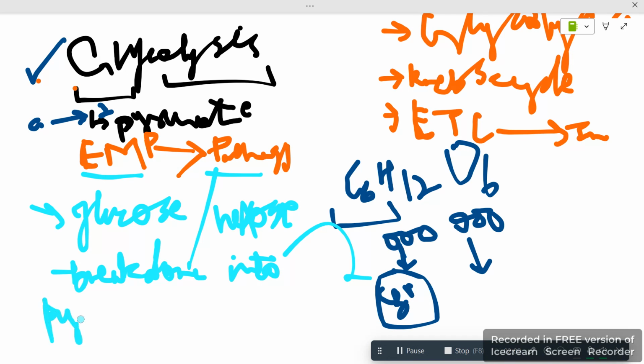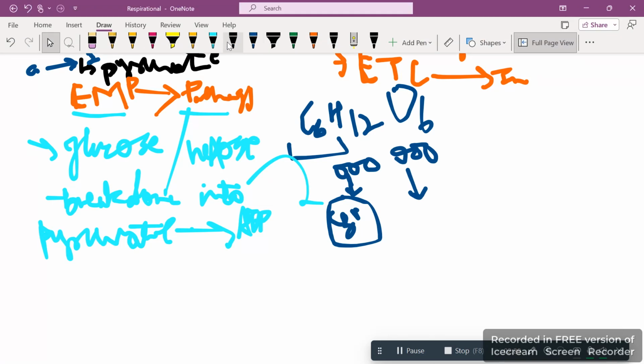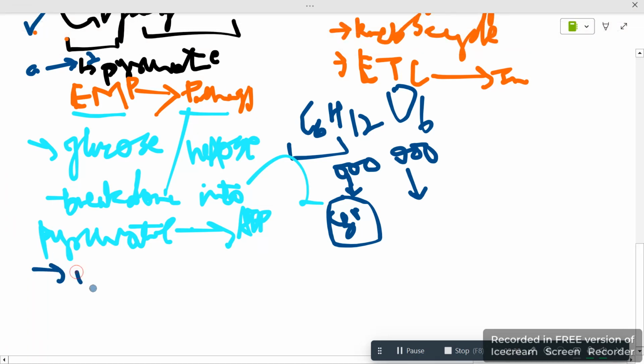That is done with the formation of ATP and NADPH. This process is done in the cytoplasm.